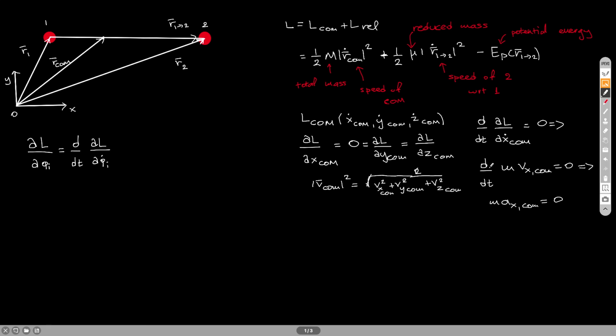If I do the same thing for y dot and z dot, I'm going to get M Ay of the center of mass is 0. That should be uppercase M. All of these are uppercase.